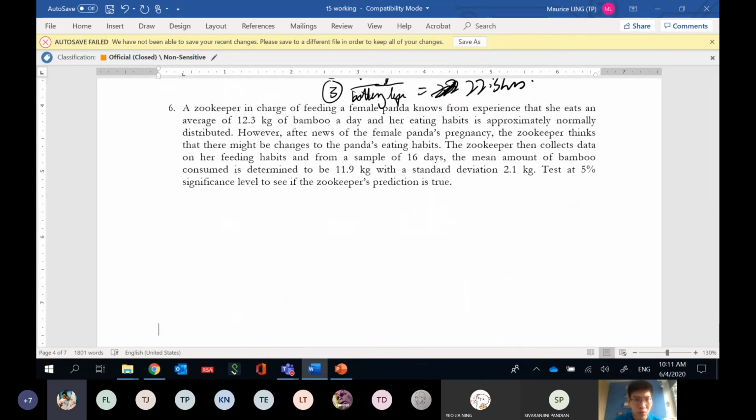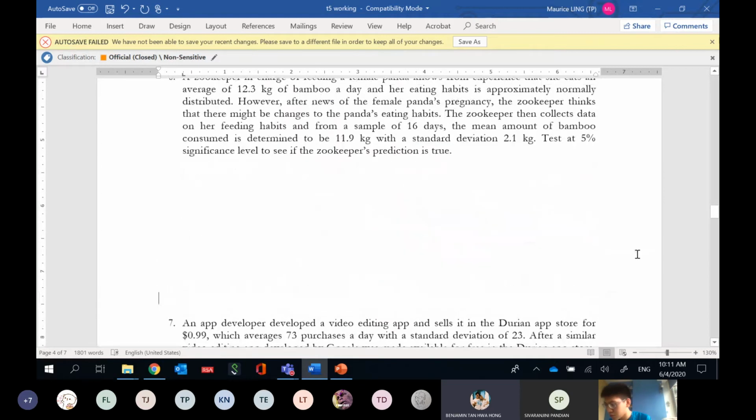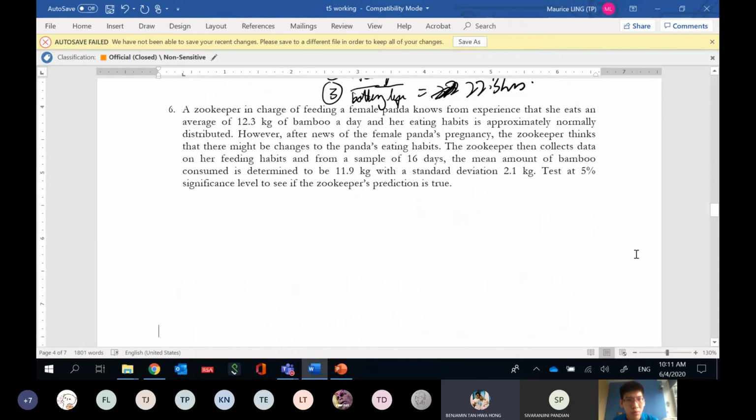My null hypothesis is equals to 12.3, so the feeding time is 12.3. Correct. Alternate hypothesis: not equals to 12.3.